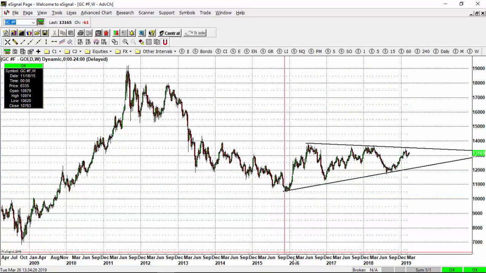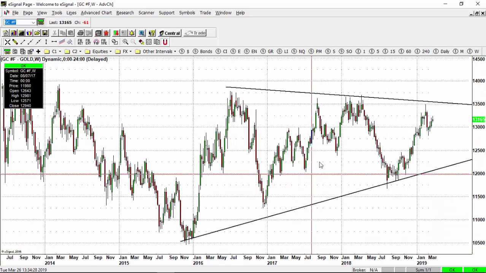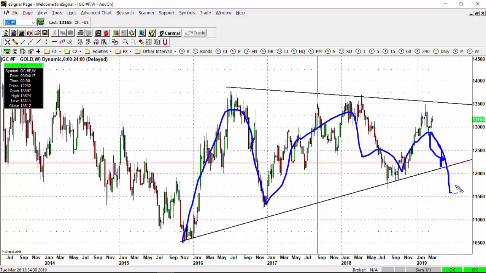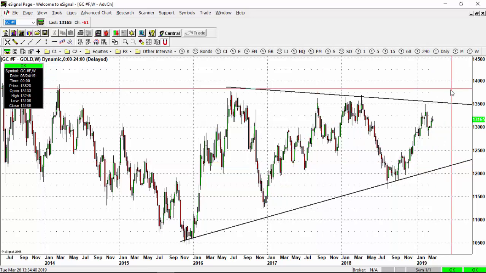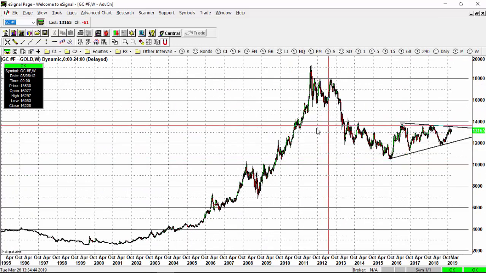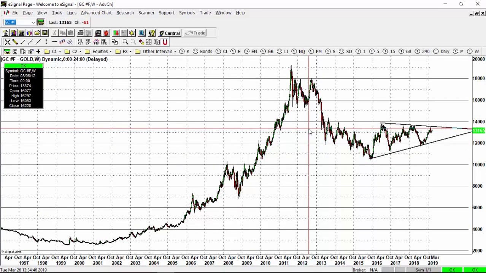This is a weekly chart of gold. Look at this huge consolidation pattern. What we could see is a breakout of this pattern. Whether it breaks to the downside or to the upside, I believe that will allow some significant profits for those of you who are able to trade gold. So that's something to look out for.